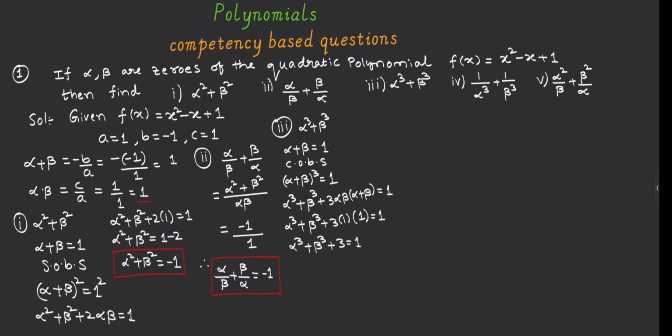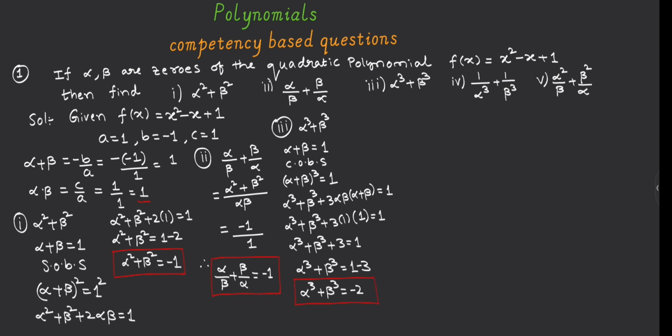Now we transpose plus 3 to that side, we get alpha cube plus beta cube is equal to 1 minus 3, which is minus 2. Alpha cube plus beta cube is equal to minus 2. This is the third problem answer.